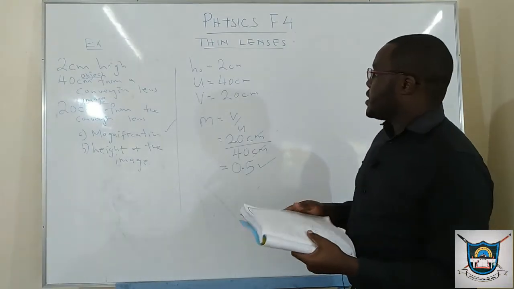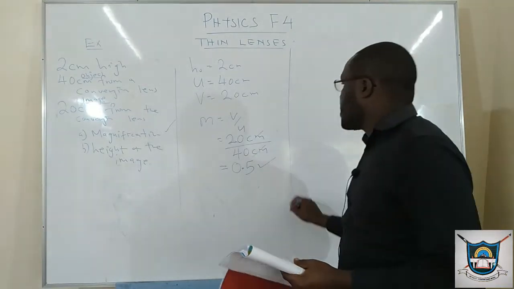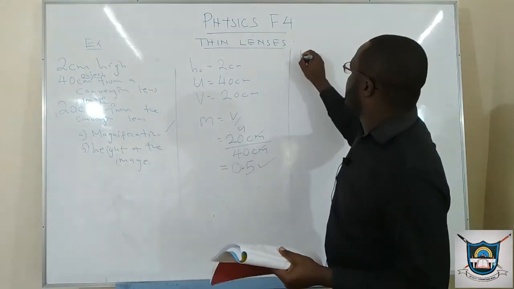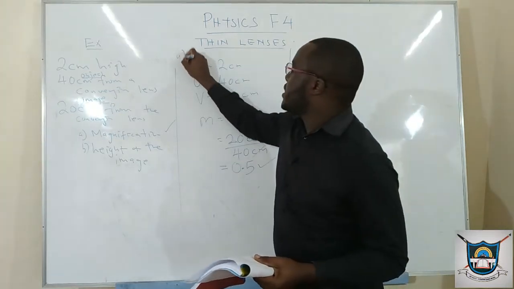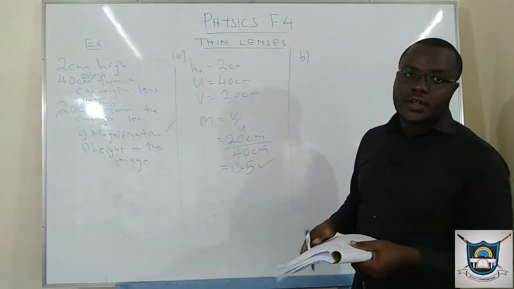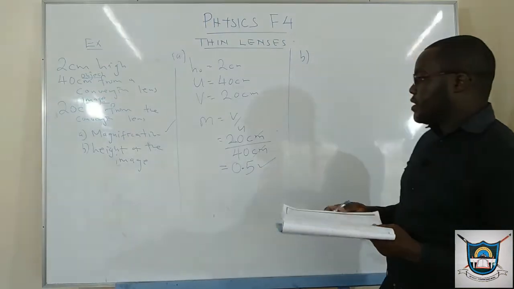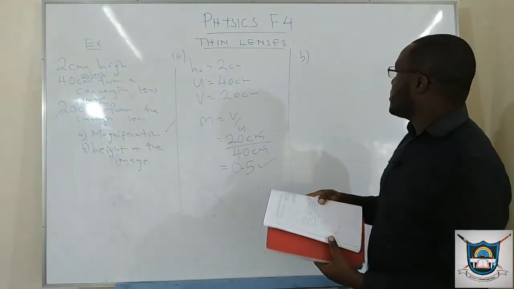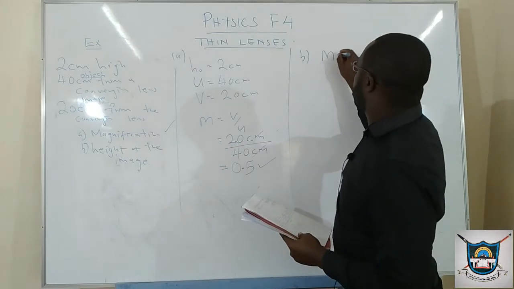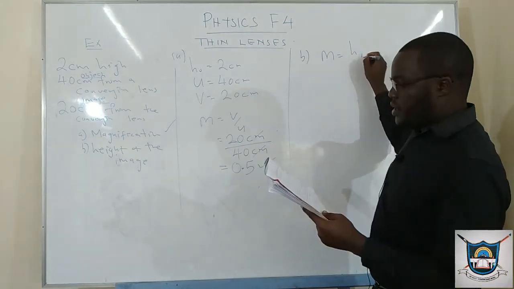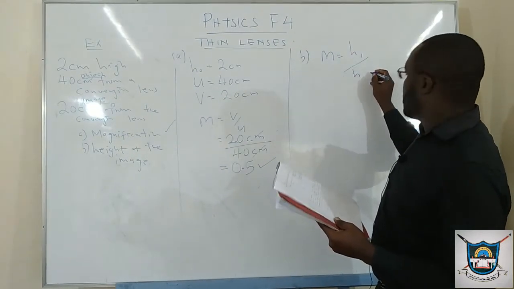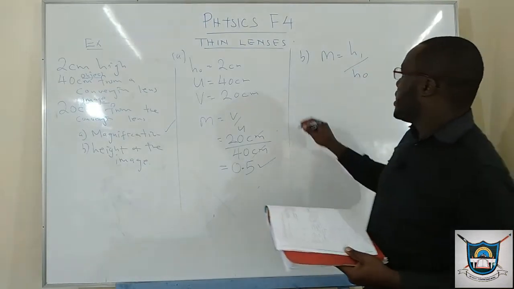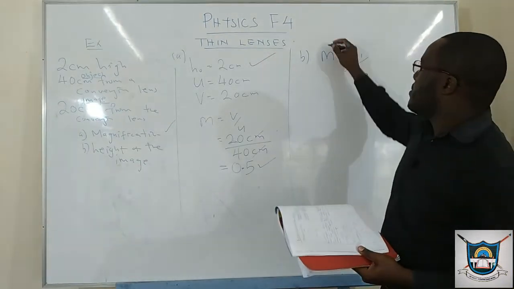There are so many other examples that we can do, but we look at part B, the height. This was part A, magnification. The next one is the height of the image. For this one, I want to go back to the formula. We have said that magnification M can also be given by height of image divided by height of object. Already I know the height of the object and I know the magnification.